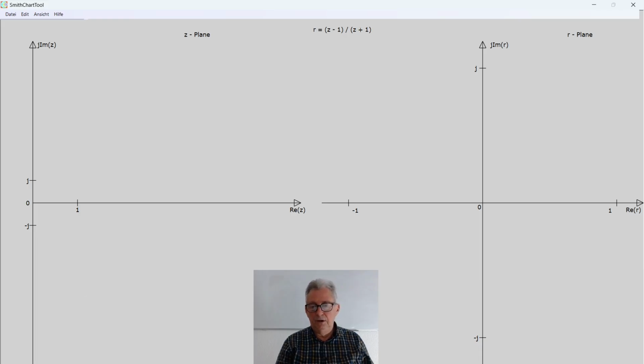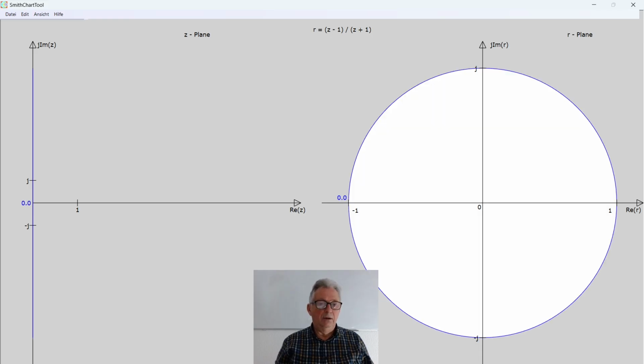To do this, I can now tick here, and you see we have the imaginary line, which means the real part of the impedance is always 0, and especially here we have the short circuit. And this line is now mapped onto the unit circle in the gamma plane.